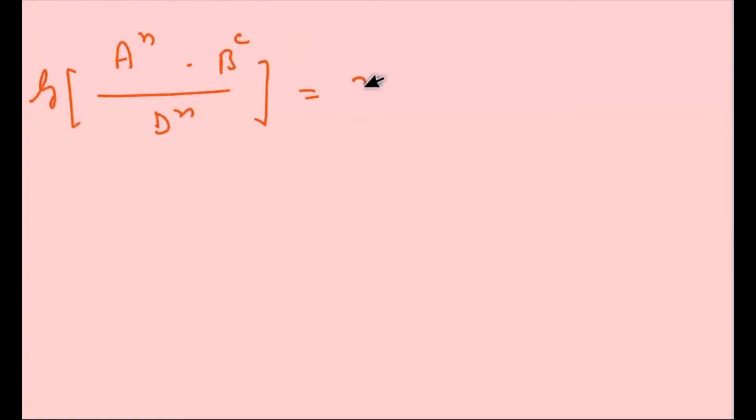So we can write n log a plus c log b, and here again minus n log d. This way we will directly use the log in one line, not necessary to give the detail of this.